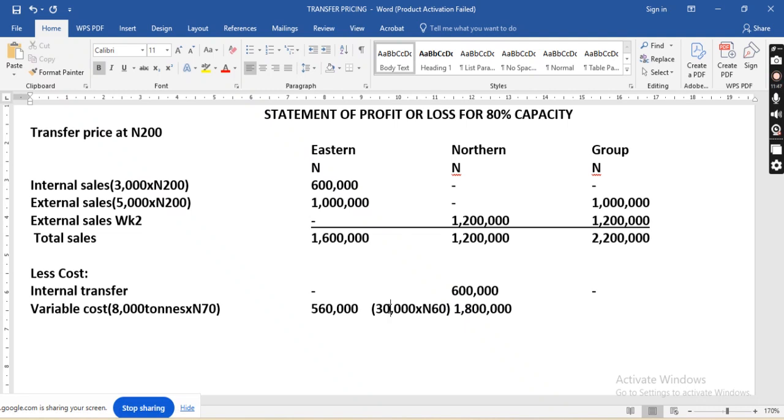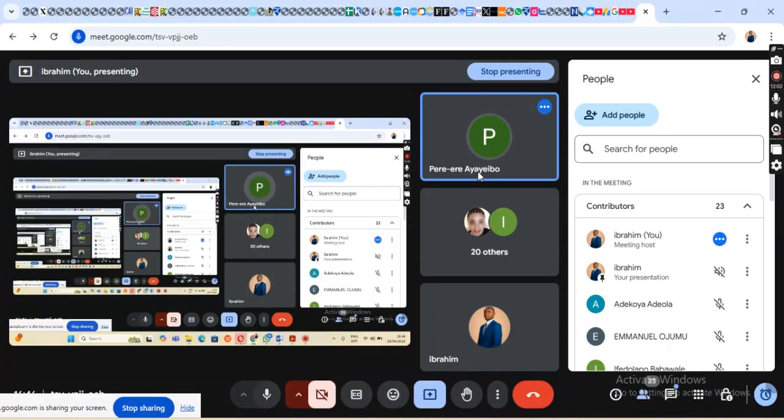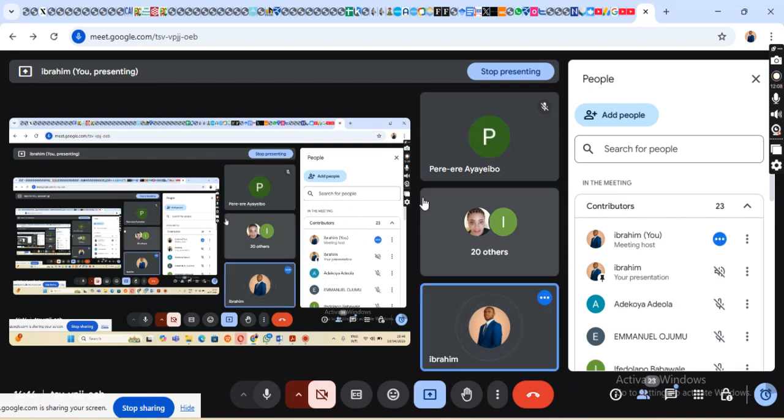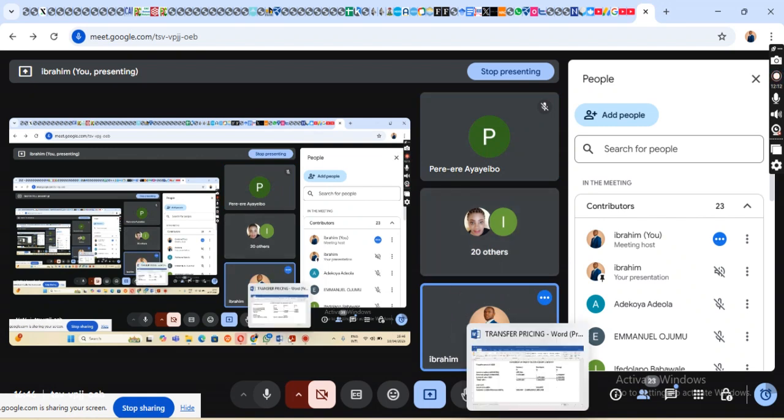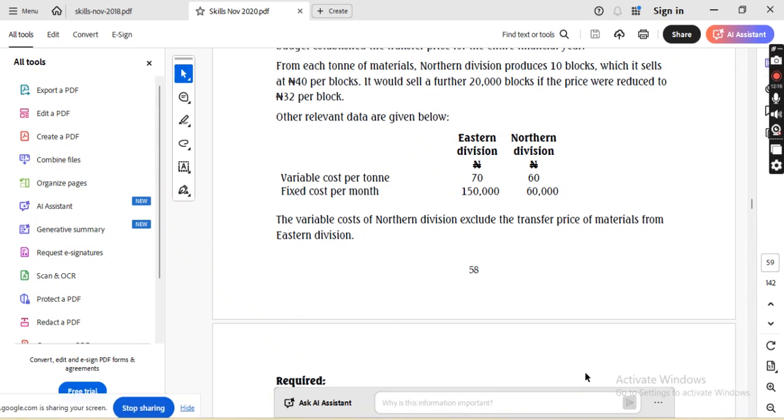Because the question said the variable cost is per ton, and they purchased 3,000 tons. Thank you, that is a very good observation.